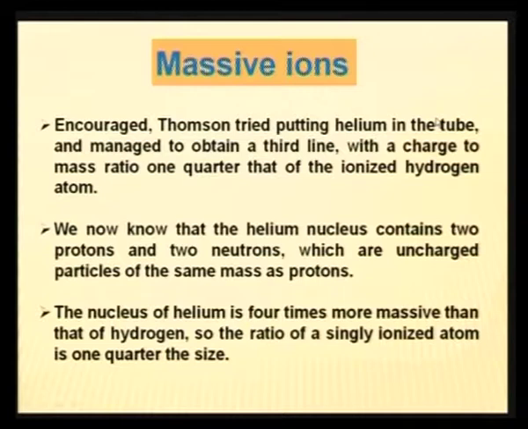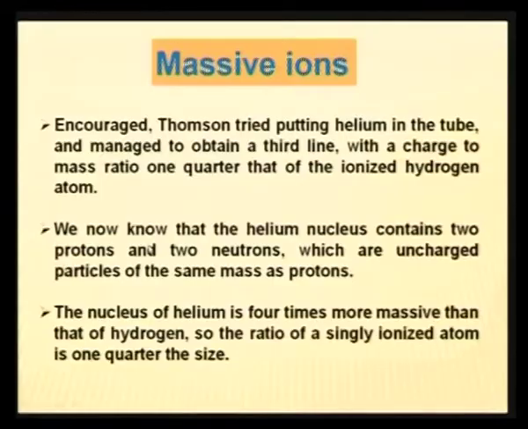That is the reason why, if you take the helium atom with a charge to mass ratio 1/4 of the hydrogen atom, the mass of the nucleus of the helium atom will be 4 times that of the hydrogen atom, because helium contains 2 protons and 2 neutrons. So the mass number comes into the picture.